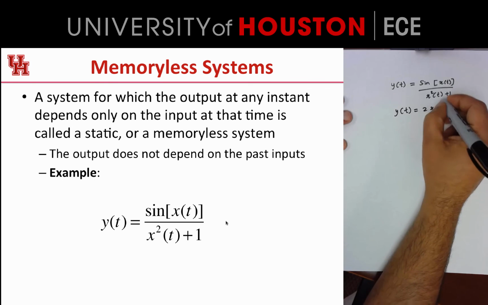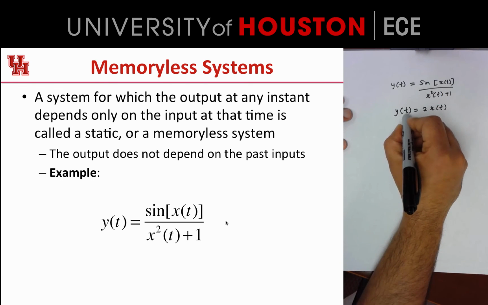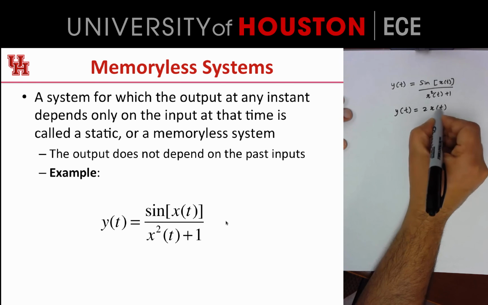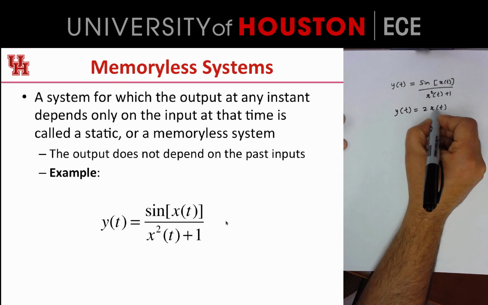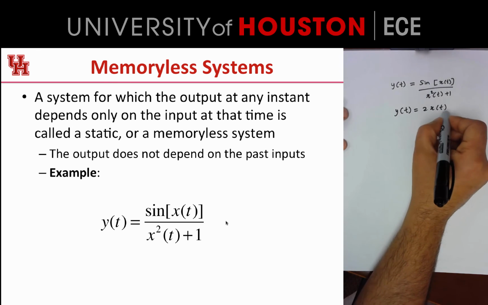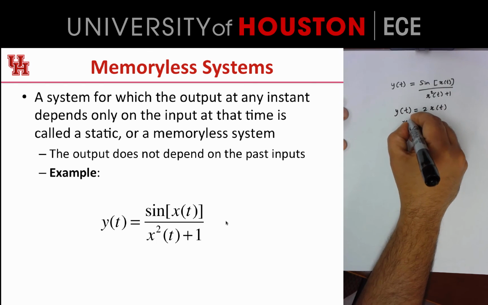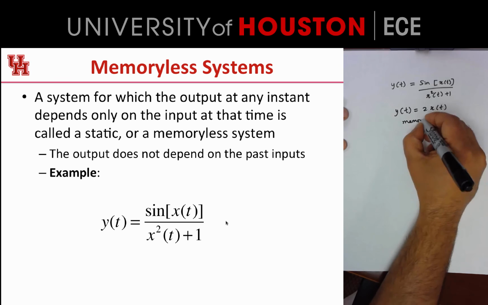These kinds of systems are such that the output at any point in time depends on the instantaneous input at that time. It doesn't depend on what happened before. You come in tomorrow, you get the same answer. So these kinds of systems are known as memoryless systems because they don't have any memory.